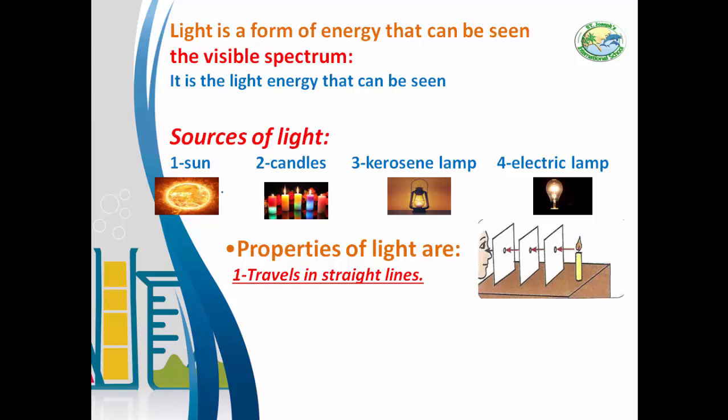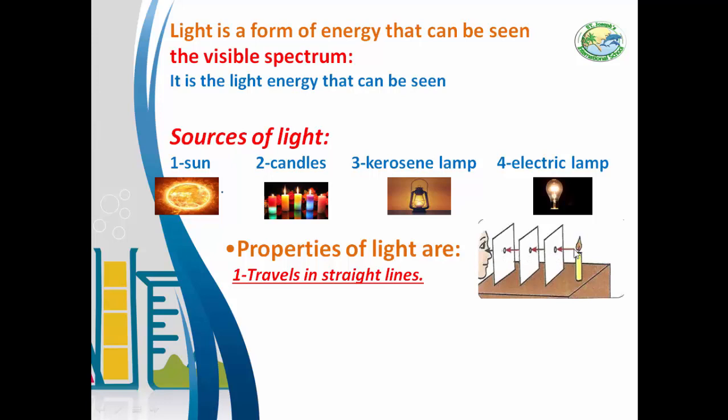Then we will look at the flame through the hole of the third partition. Of course, we can see the flame of the candle. But if we move one of these 3 partitions in any direction and we try to see the flame, we won't be able to see the flame, because light travels in a straight line.